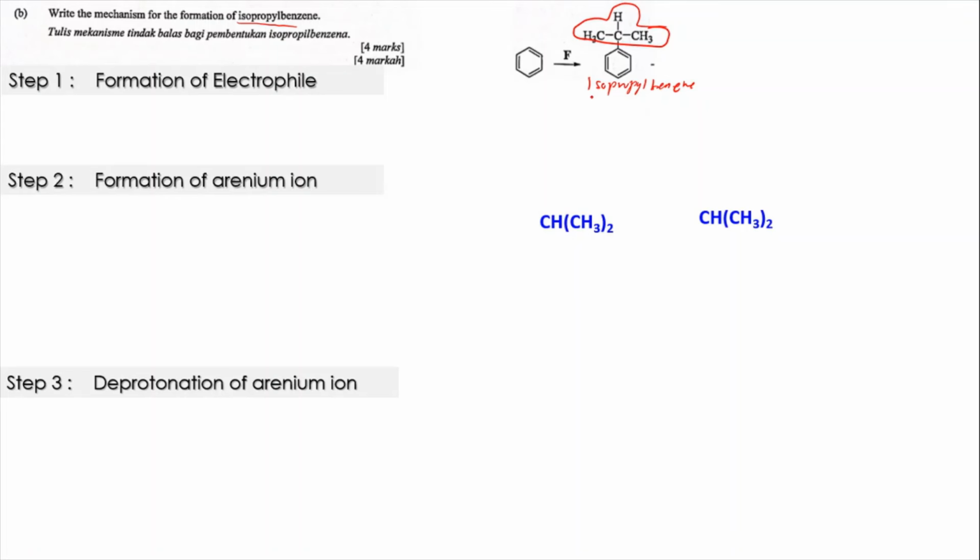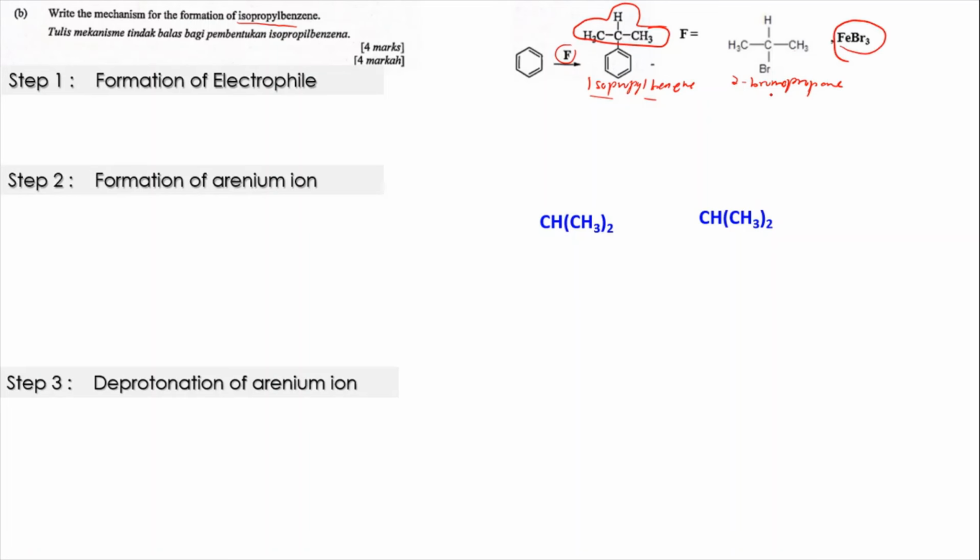That is why it is named isopropyl benzene. Our F here is the same as what we identified in 5A. So we're going to use CH3CHBrCH3, which is 2-bromopropane, and our catalyst here is going to be FeBr3.